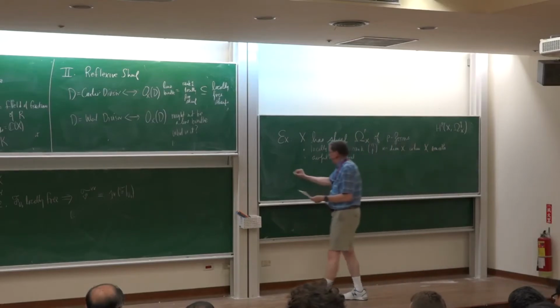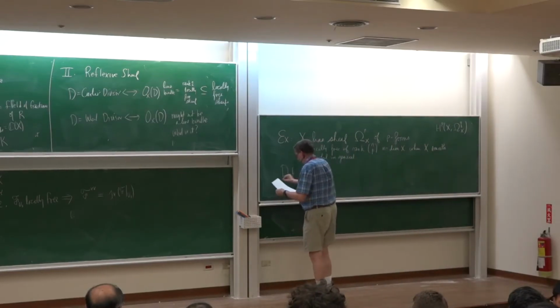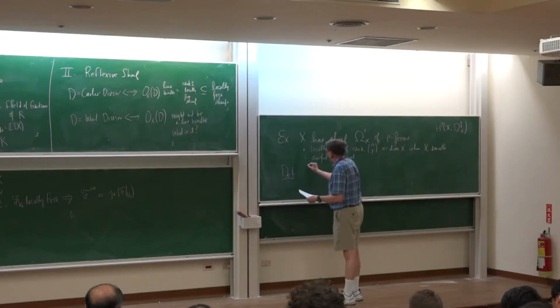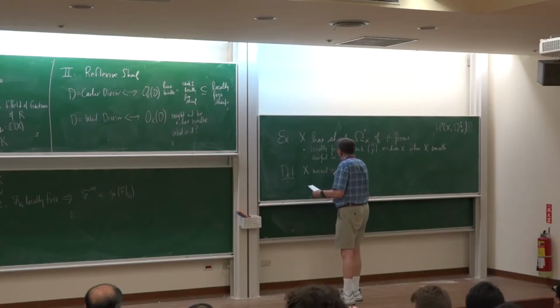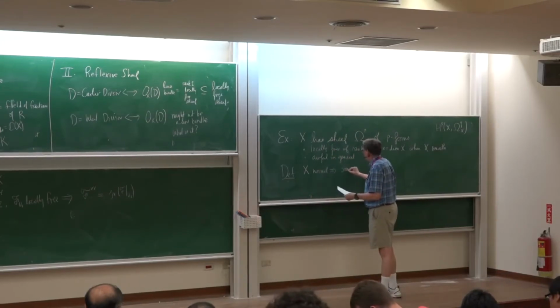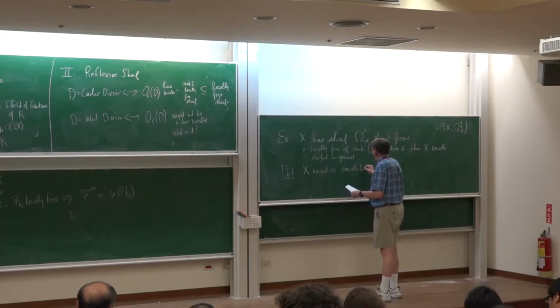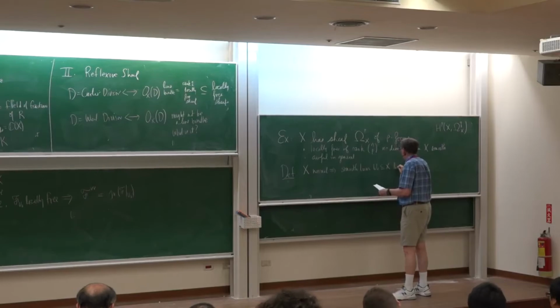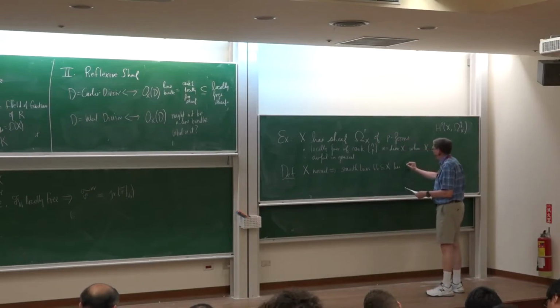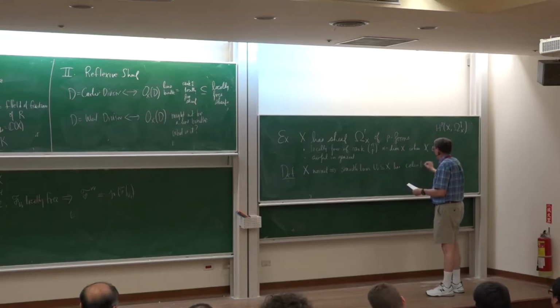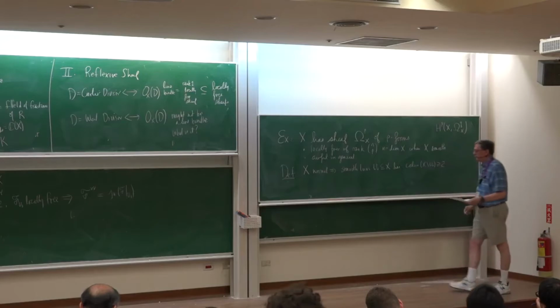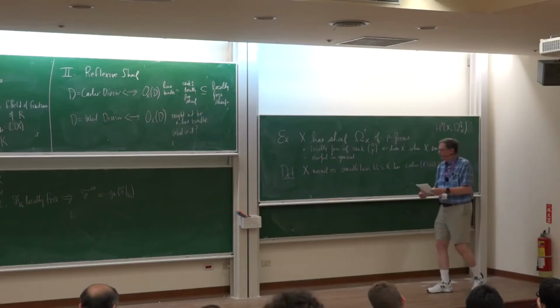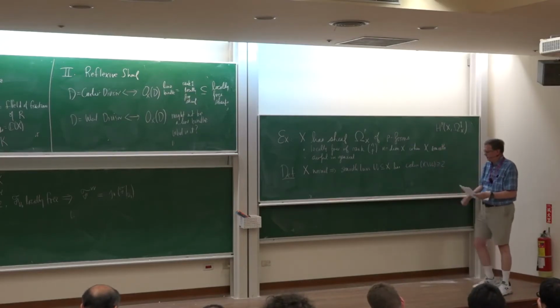So here's the definition that I'm going to give. Remember X is normal. That implies that the smooth locus is pretty big. So it's an open set, and it has this codimension condition, because basically in a normal variety, the singular locus has codimension at least 2.